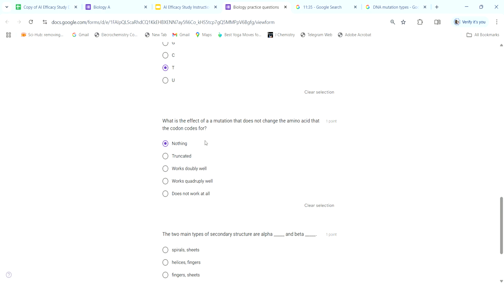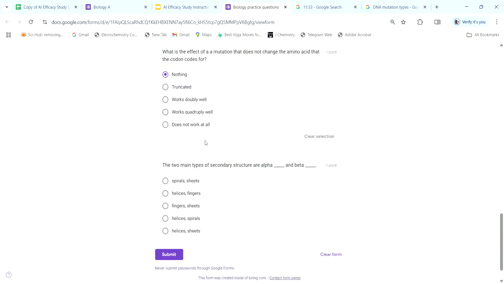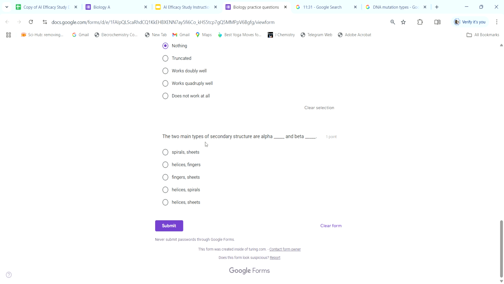Next, the two main types of secondary structure are alpha helices, fingers, spirals, and beta sheets, fingers, spirals.